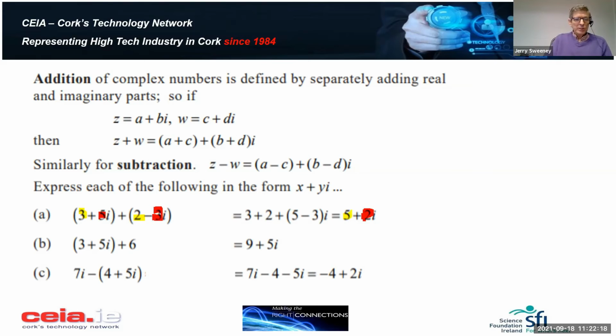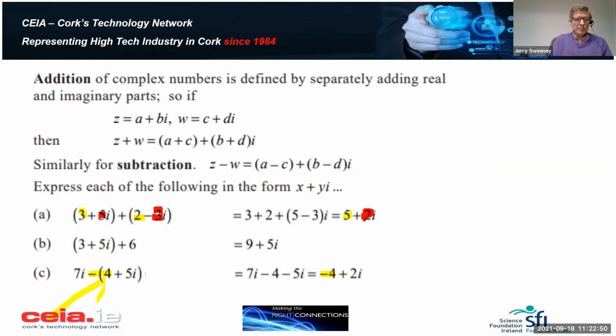Let's do some subtraction, and we've almost done subtraction already because we had a negative number on top. So this time, 7i minus 4 plus 5i. The minus 4 remains as minus 4, and because we're multiplying the plus 5 by minus, it makes it minus 5.